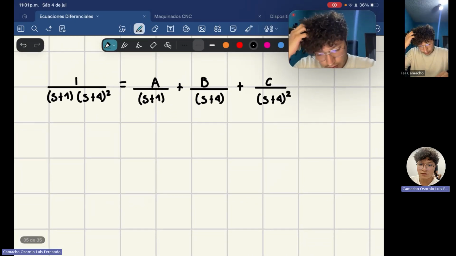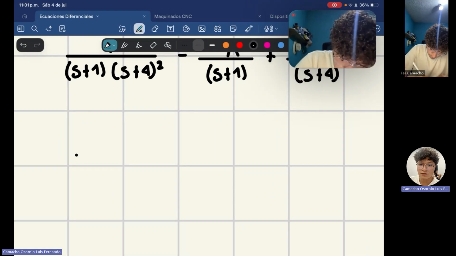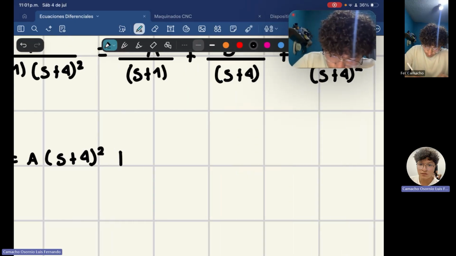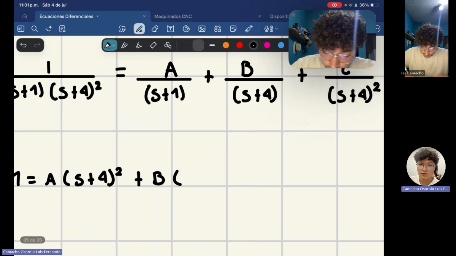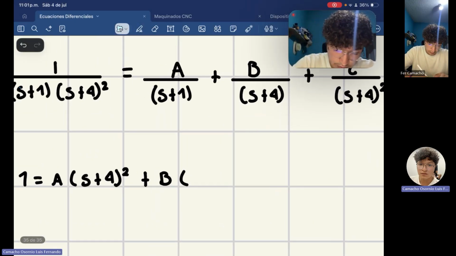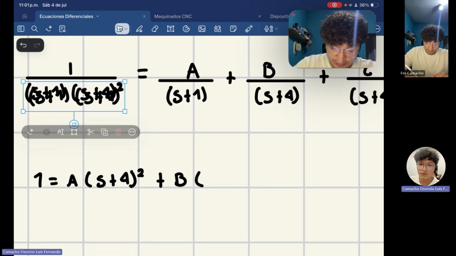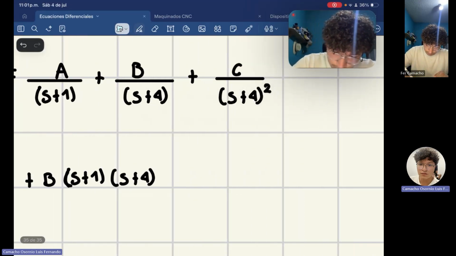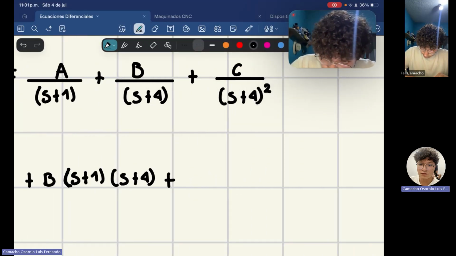So we have A plus B, and we only eliminate the square to do that. It's faster. Plus C.